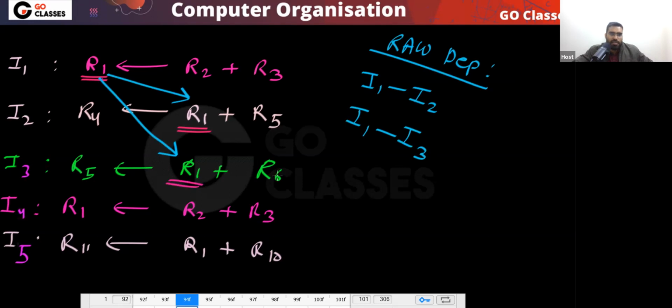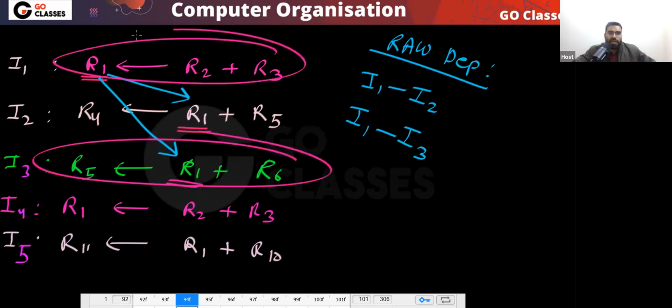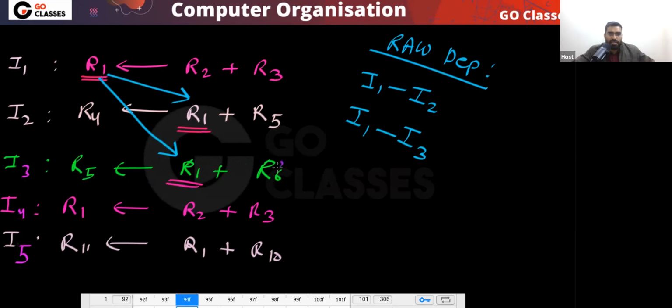Does instruction I3 depend on I1? Yes, it depends on I1, because you are reading the value which is written by I1. Now what about this one? Yes, this is a RAW dependency.